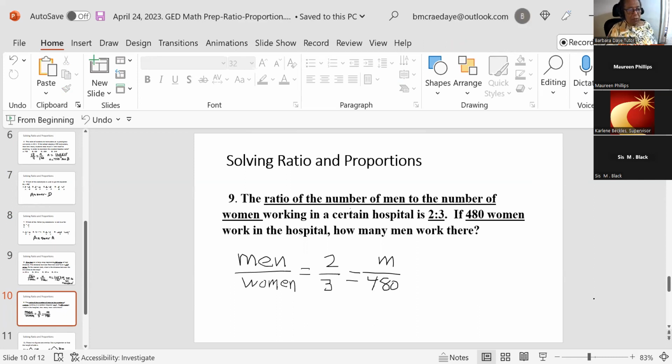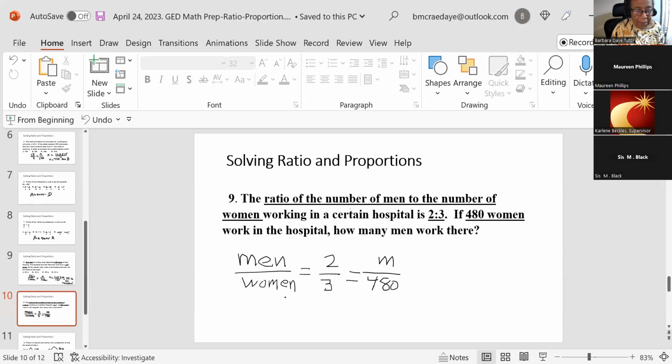What is M equal to? That's why I said it out, miss. Okay, so what is M equal to? M is equal to women. We're looking for men now. How many men work there? You know the women are 480.